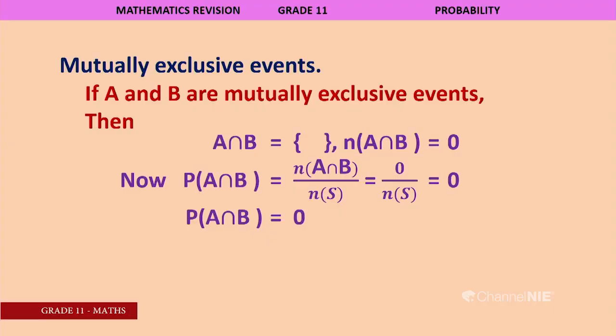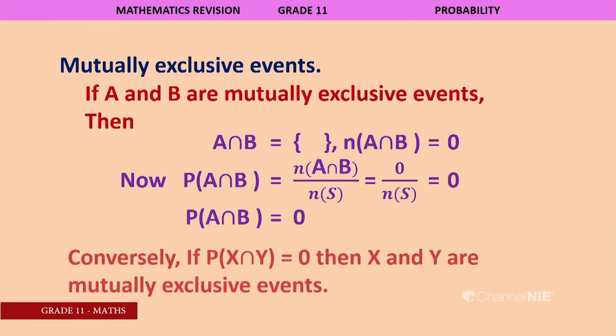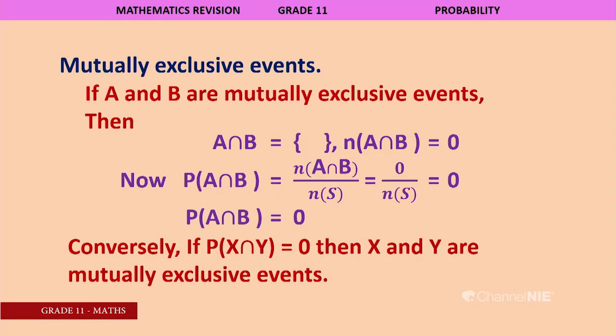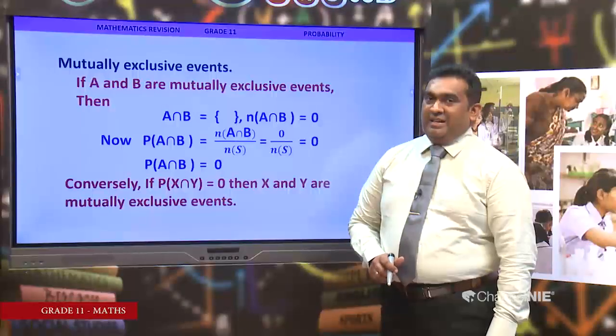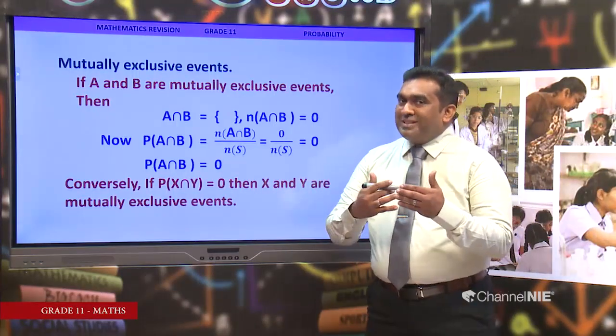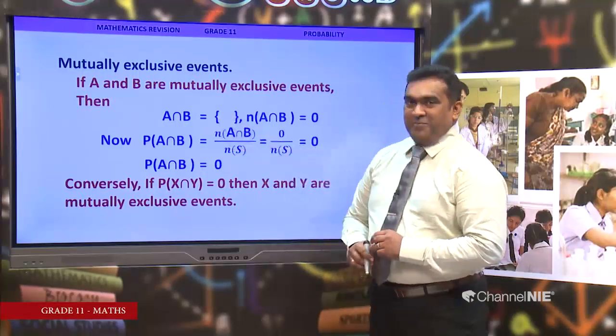Right. Conversely, if the probability of x intersection y is equal to 0, then x and y are mutually exclusive events. Right? This is the opposite situation of this one.